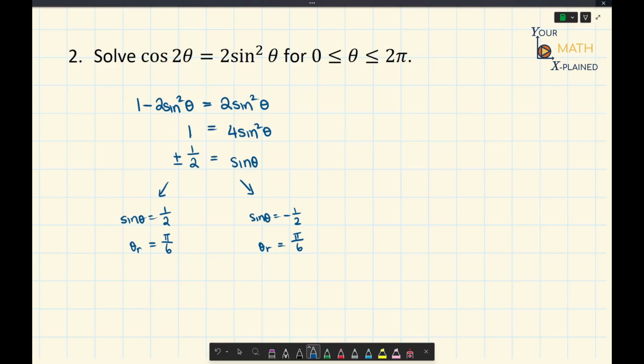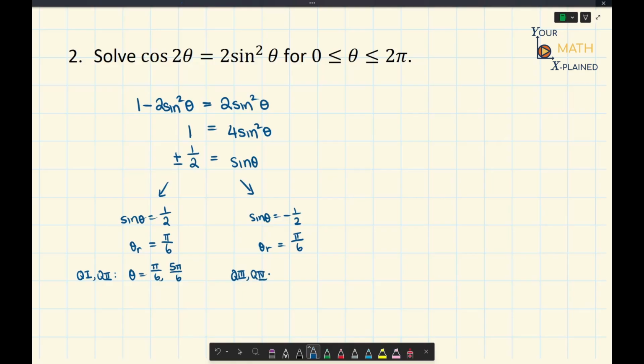But for the positive case, according to our ASTC rule, we would be either in quadrant 1 or quadrant 2. So then that means we're going to get theta is equal to pi over 6 or 5 pi over 6. And then for the case where sine theta is negative, we're going to be in quadrant 3 or quadrant 4.